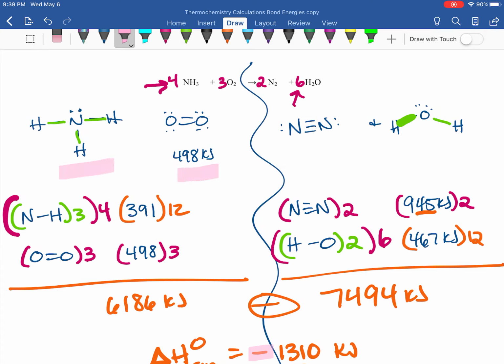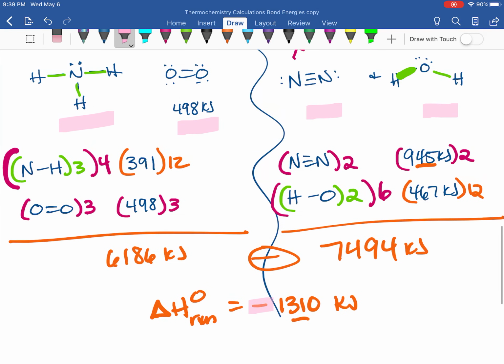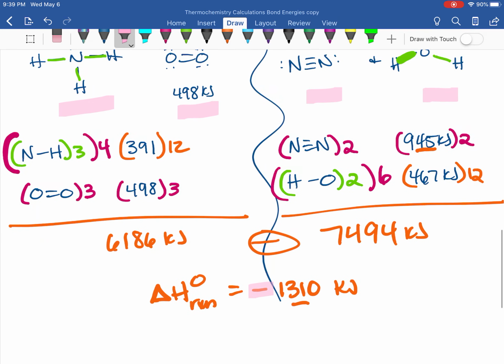You've got to remember your bonding, or this isn't going to happen. You know, you've got to write out your structures in order to figure out how many bonds you've got. Could you shortcut? Sure, but I found over time, like I said, make all bonds, break all bonds, just do the whole thing, and then you're going to save yourself time in the long run when your numbers are nice and matching. So you want to try some of these.